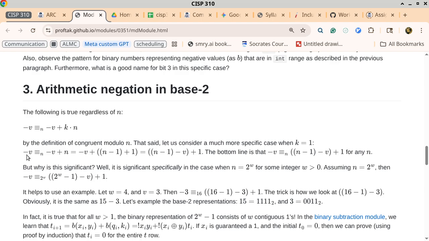All right. So now we shift our attention to the equality. We look at this equality over here. The left-hand side is negative v plus n. The right-hand side is negative v plus open paren, n minus 1, close paren, plus 1, close paren.